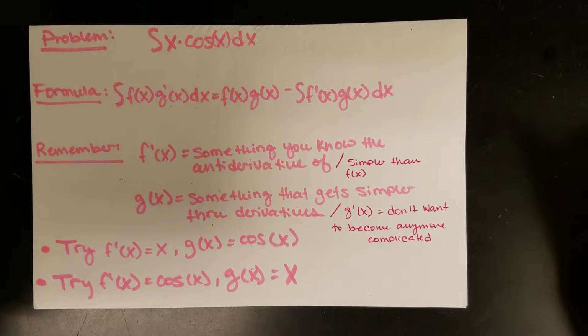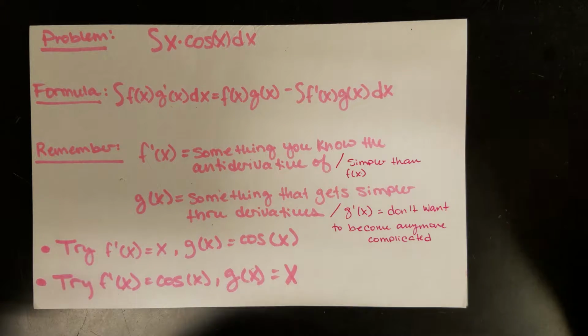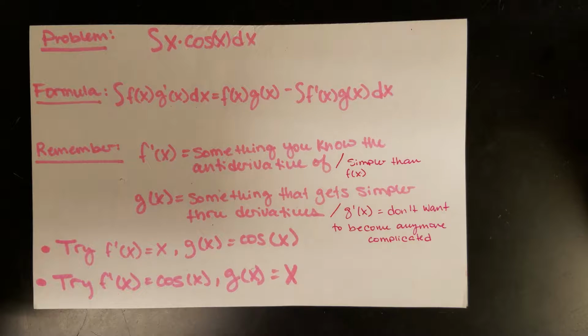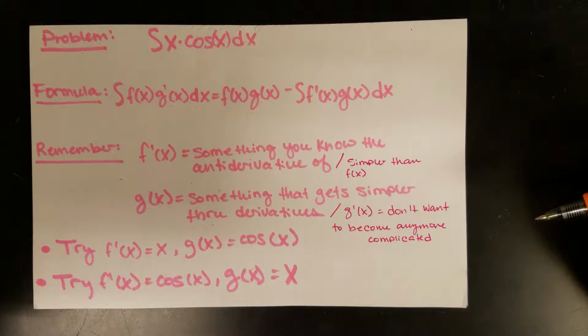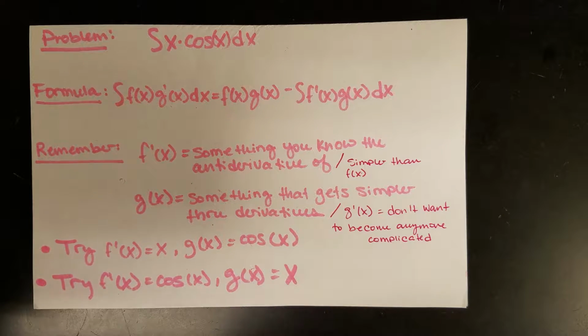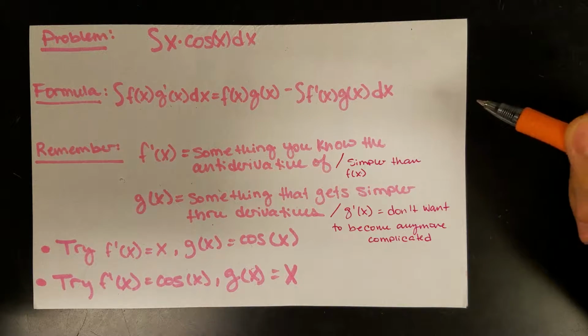And so what it means by simpler or more complicated is, for example, if you end up integrating it and it adds on another degree higher, or if it adds on more terms, it's a little harder to work with, so that could be a little bit more complicated.